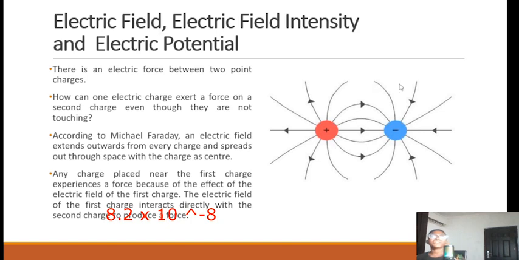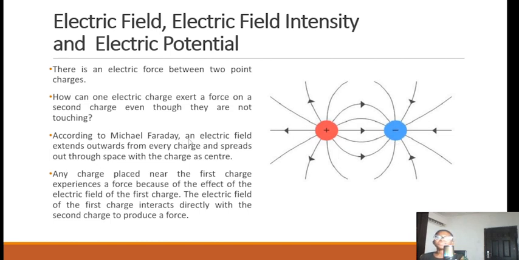Electric field intensity, and electric potential. There is an electric force between 2 points, between point A and point B. How can one electric charge exert a force on a second charge even though they are not touching?